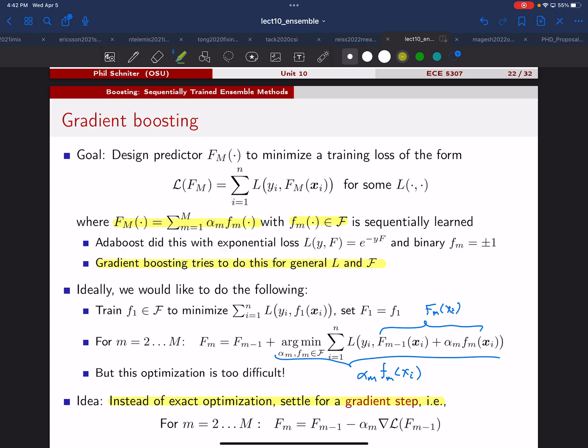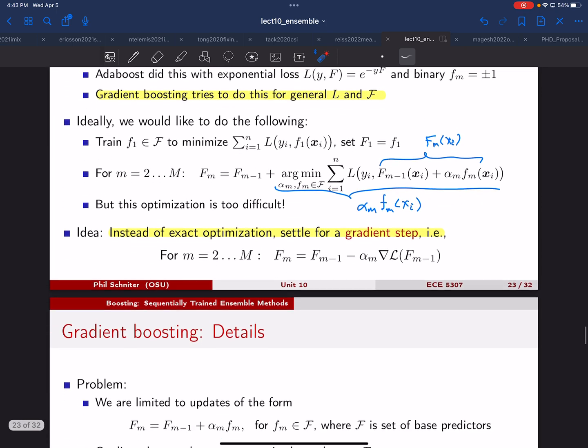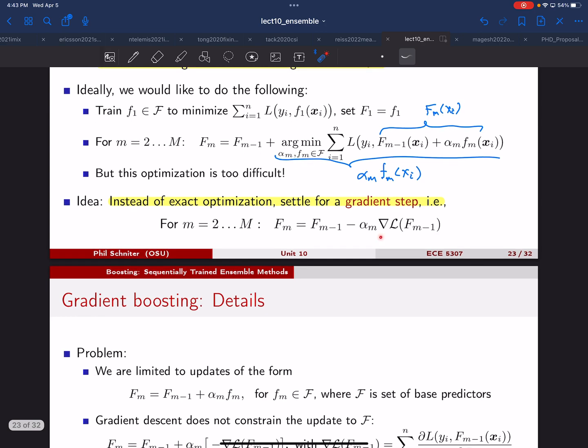Okay, but again, this is a little bit tricky. If we're going to do that, then our new capital F equals our old one minus a step size times a gradient. Here we would need to compute the gradient of our loss, this overall thing, at the location of where we were, so at our old capital F. The one trouble here is, let's say you could compute this.